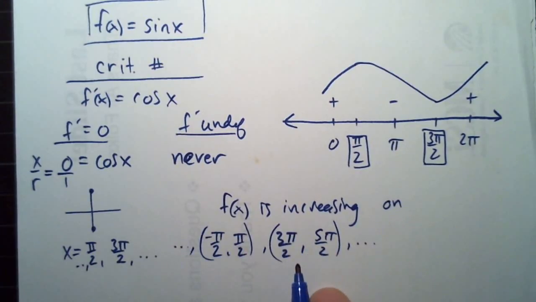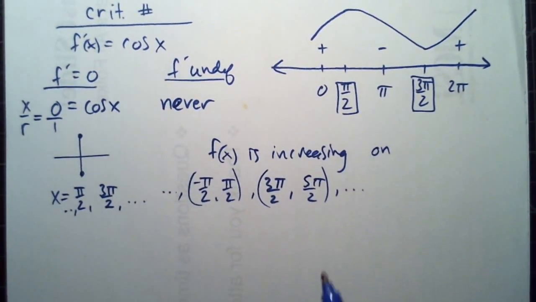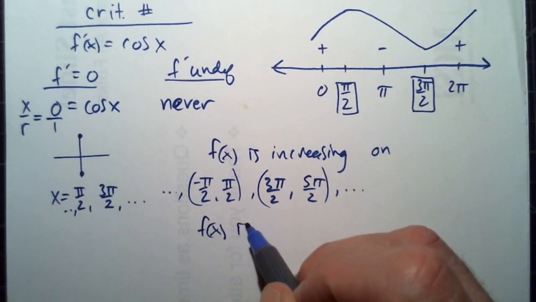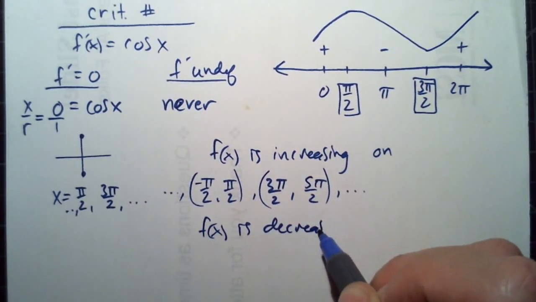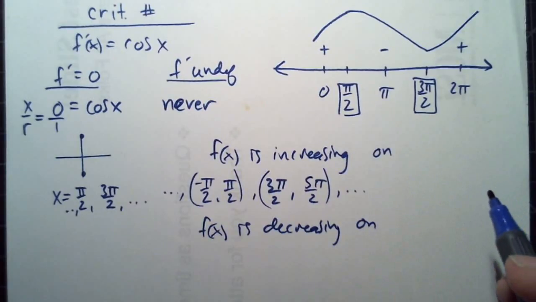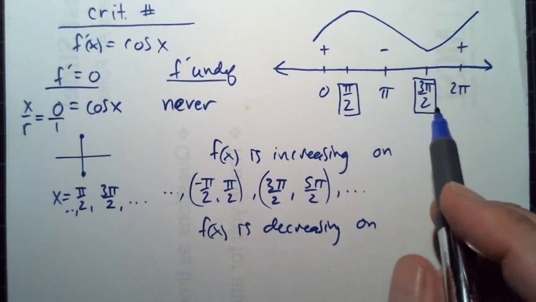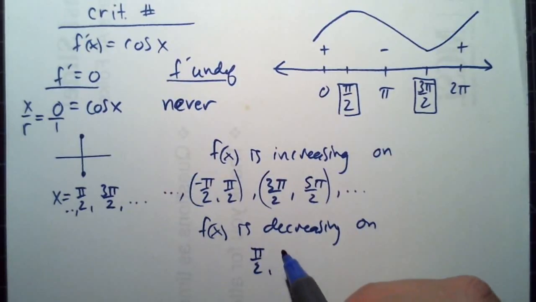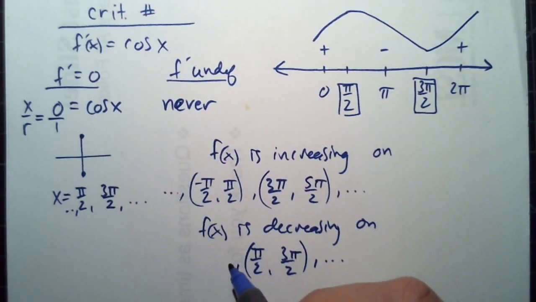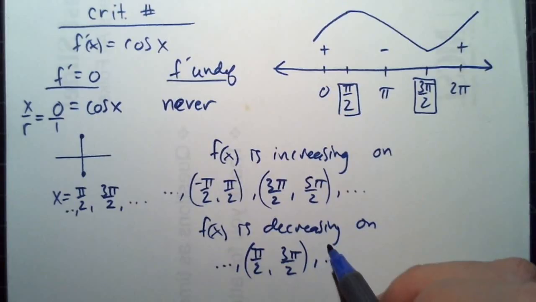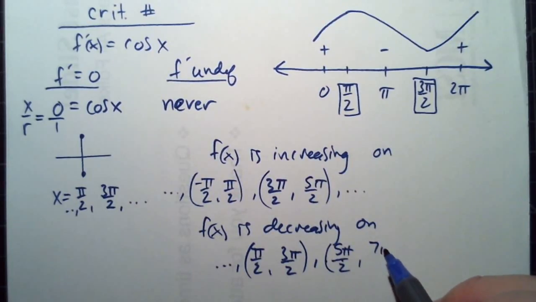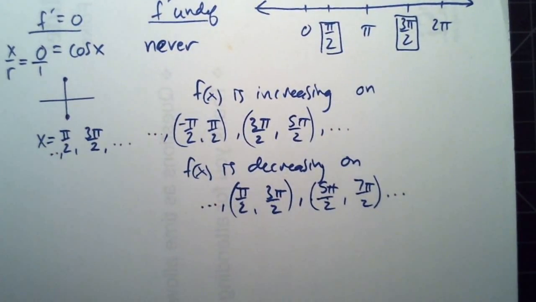So f of x is increasing on these intervals, and then we can say f of x is decreasing on the intervals pi over 2 to 3 pi over 2, and let's go to 5 pi over 2 to 7 pi over 2. Decreasing.